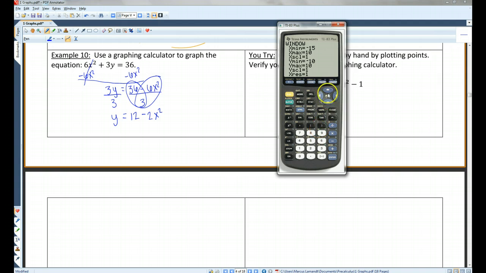Initially, the x's went from negative 10 to 10, and the y's went from negative 10 to 10. When I graphed it, I saw that it was a little bit higher than the window, because this only goes up to 10. That's why I'm changing it from negative 15 to 15, just so you can see the vertex of the parabola.